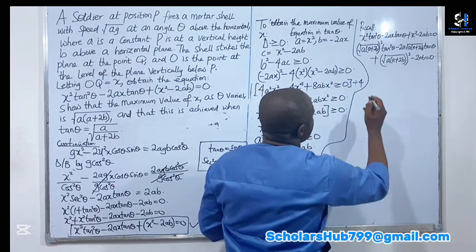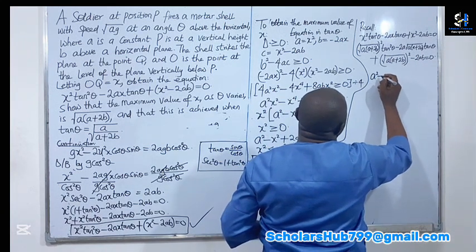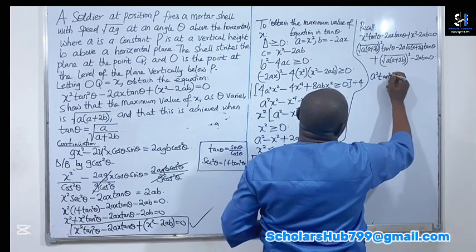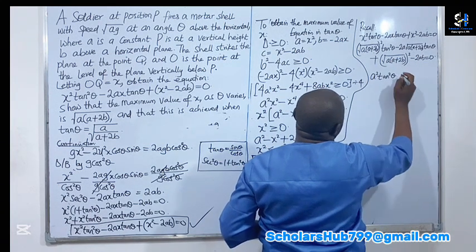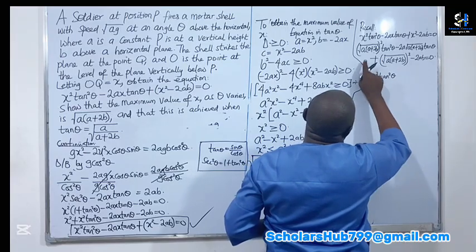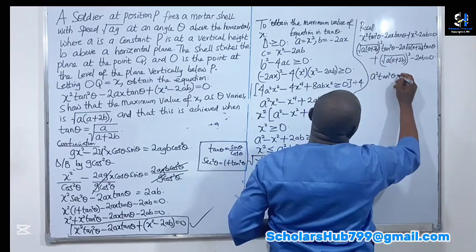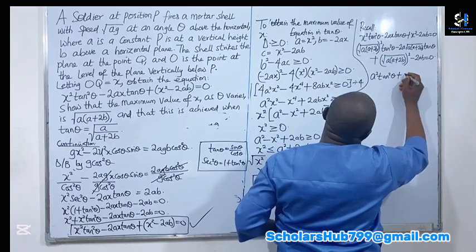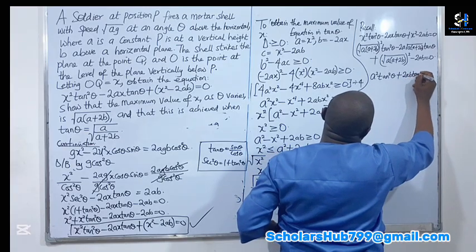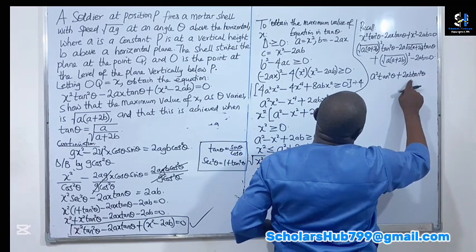So this will disappear, and we're going to have a squared tan squared theta. I want to expand this: then plus 2ab tan squared theta.